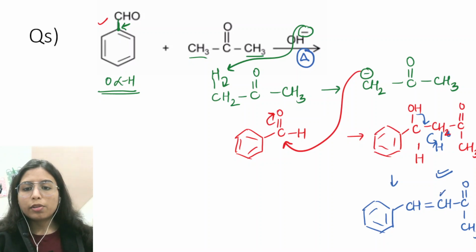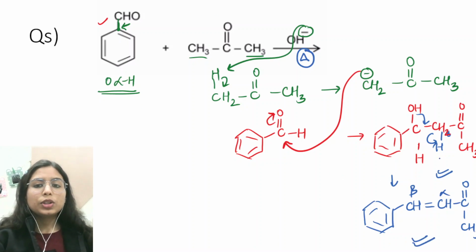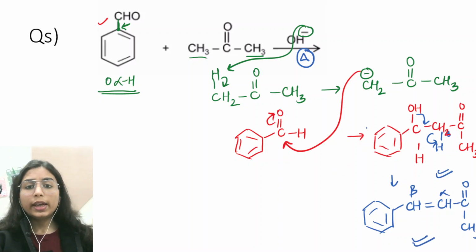So this is your alpha carbon, this is your beta carbon, and that will be your alpha beta unsaturated carbonyl compound. So that is going to be the answer for this. In case heat was given, then you have to go up to this. Otherwise, if heat is not mentioned, then you don't have to eliminate water and you have to stop at this only.